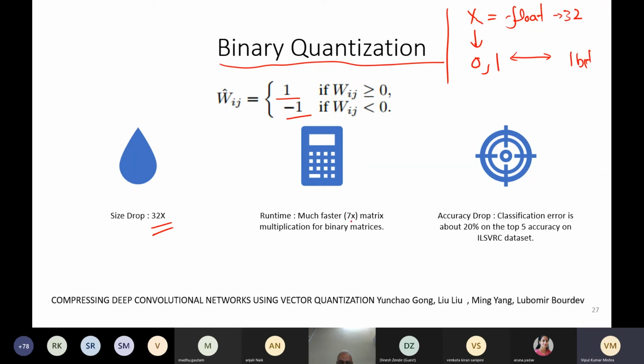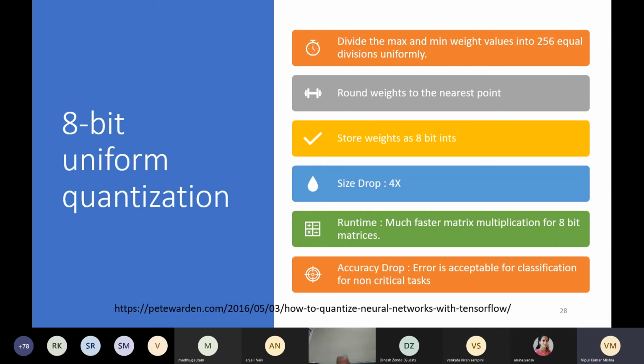Similarly, your speed will go up by 7x and accuracy will drop by 20%, top 5 accuracy. Definitely it's a big drop, but this gives an idea to the researchers. We can work in this direction and achieve much better accuracy. So then what have they done?